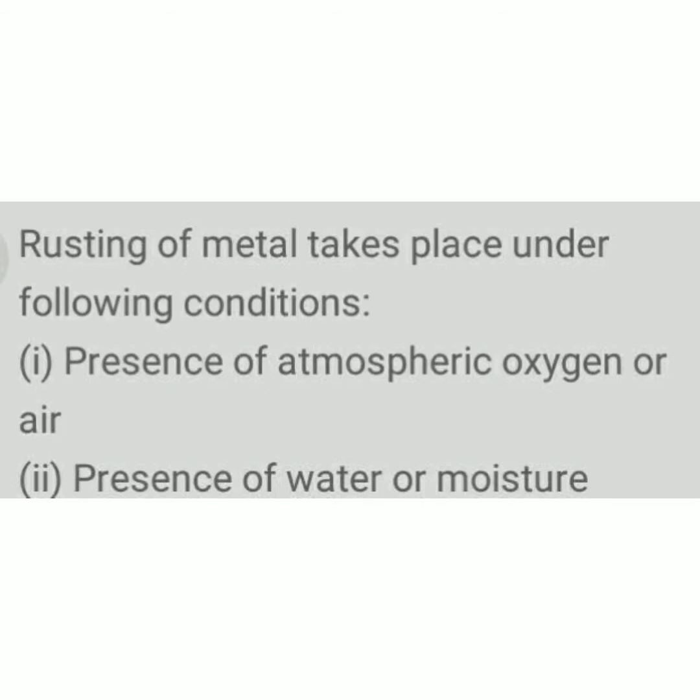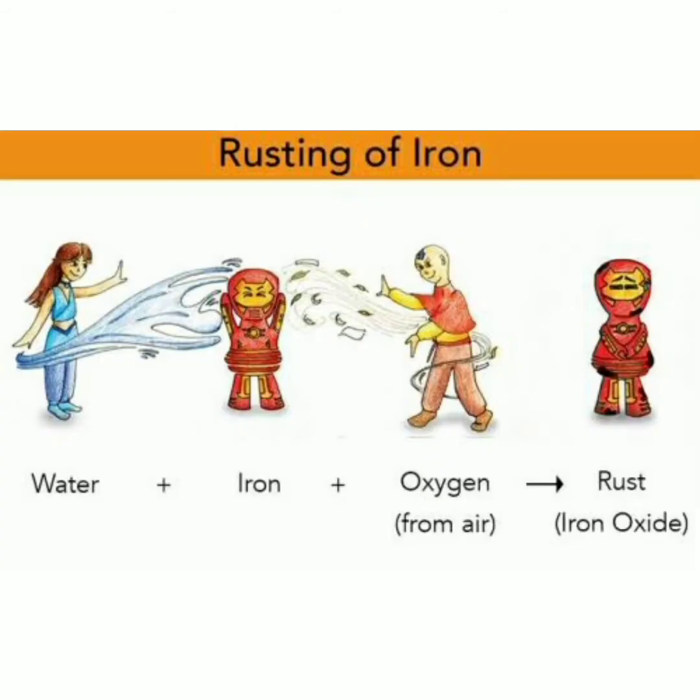The two conditions necessary for rusting of iron to take place are presence of oxygen, which is present in our atmosphere, and presence of water or moisture. During the rusting of iron, the metal combines with oxygen in the presence of water to form iron oxide, which is basically known as rust.